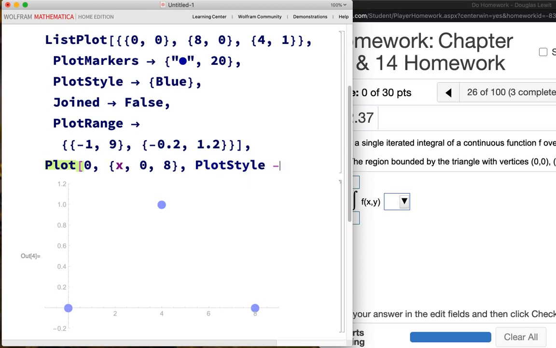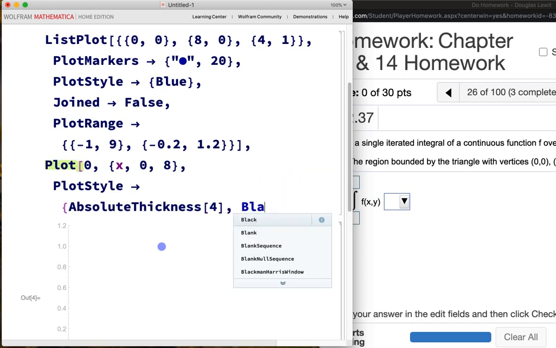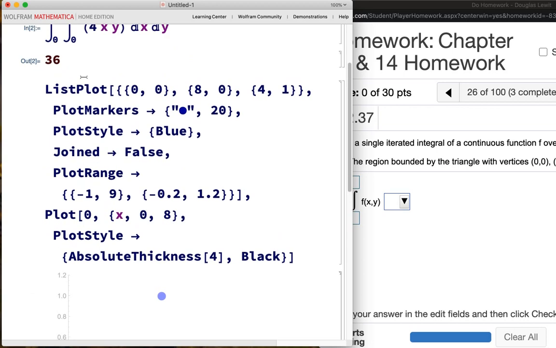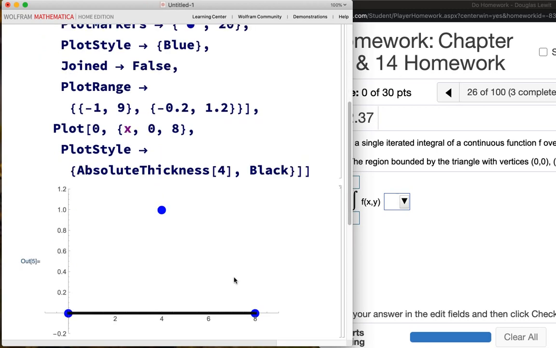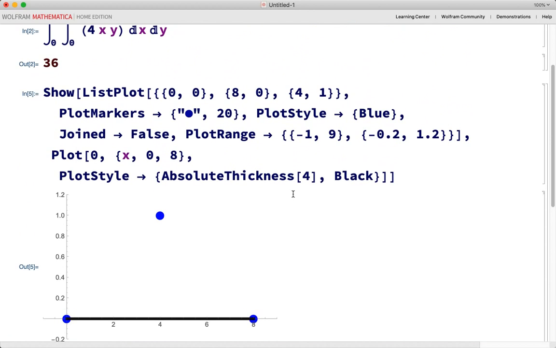PlotStyle, AbsoluteThickness, let's say 4, Black. And remember, guys, if you're combining 2 or more pictures, everything has to be encased within the Show function. So now we see the line at the bottom of the triangle. Terrific.